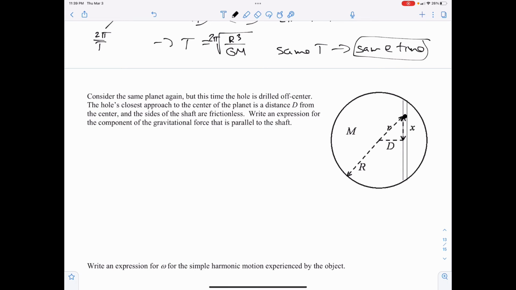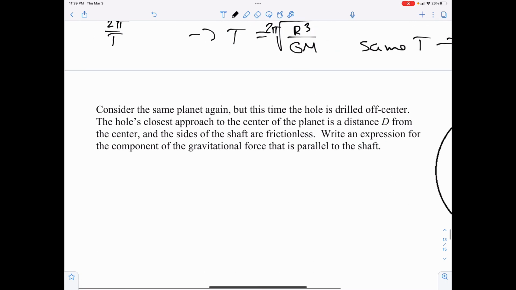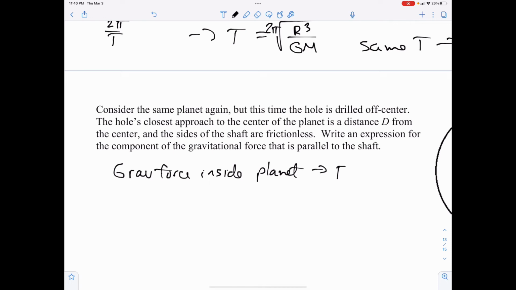Let's see. We can begin with the idea that the gravitational force inside the planet, our F sub g, is negative. I'm going to use the full expression this time, including the direction: negative big G, little m, big M over r cubed, times vector r.